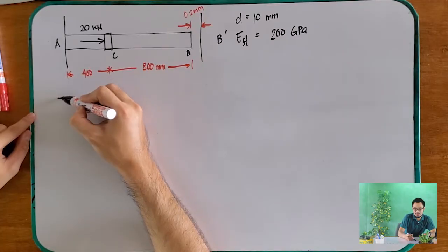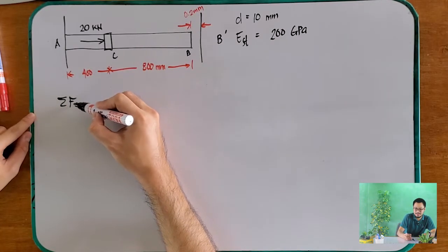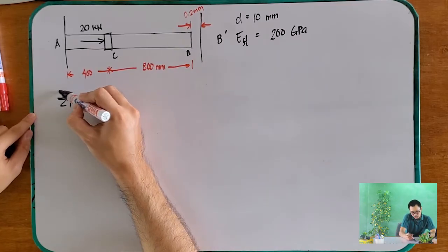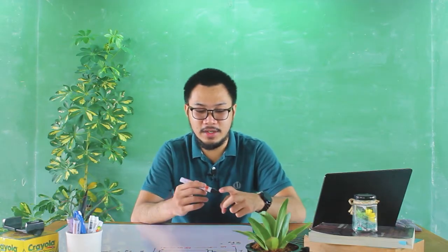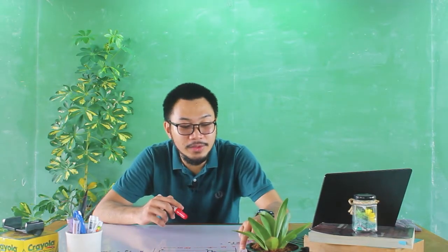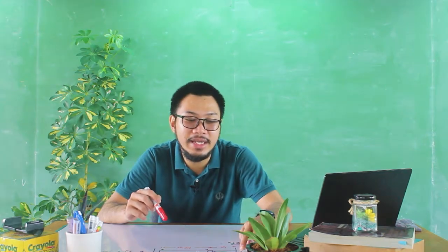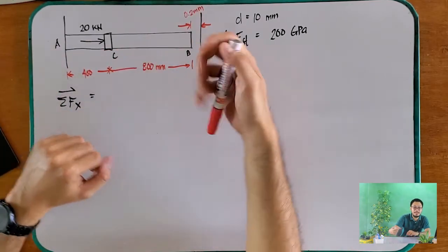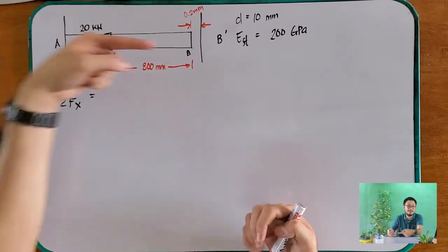So, summation of forces along the x, going there ang positive, is equal to, ato itawag FA o FB gihapon. So, ato i-imagine, sa atong A, unsa may reaction diri sa atong A, should it be going there or should it be going there?